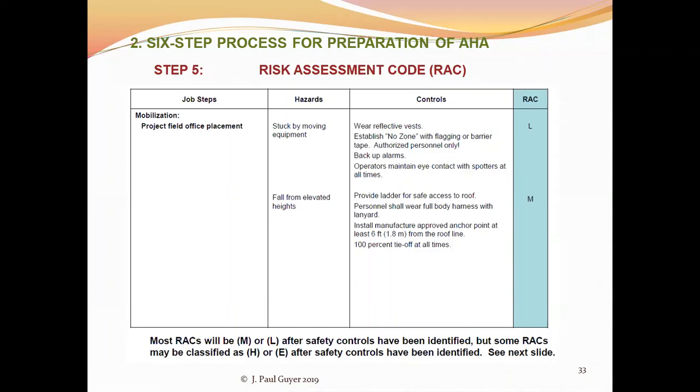The risk assessment code is after you have implemented controls, after you have your hard-toed shoes on, your knee pads, your reflective vest, your gloves, your hard hat. Then the risk assessment code is reduced from, say, high to medium. That's what you want to do with controls, to reduce the extreme and high job steps to a risk assessment code that is medium or low.